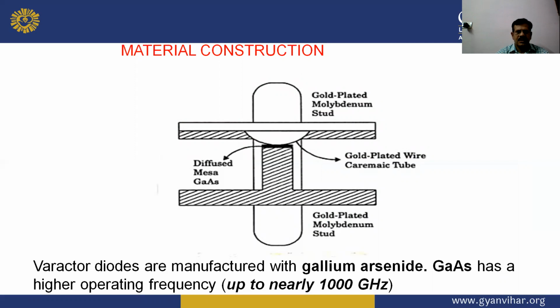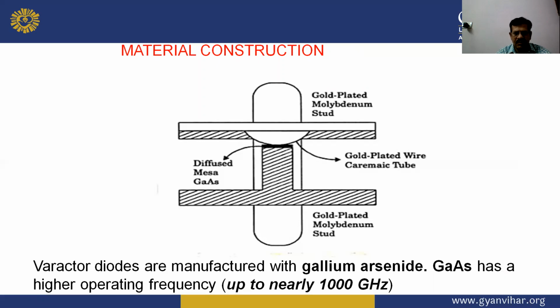Basically, the construction of the varactor diode: which materials are used in varactor diode construction? Varactor diodes are manufactured with gallium arsenide, GaAs, which has a higher operating frequency of up to nearly 1000 gigahertz. This is a very high frequency. So varactor diodes are generally designed for this higher operating frequency.